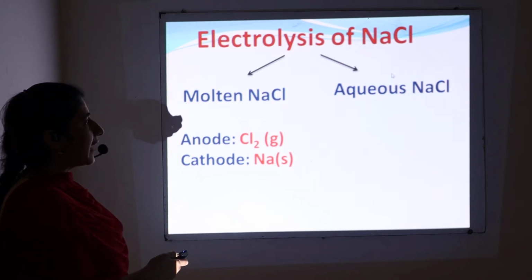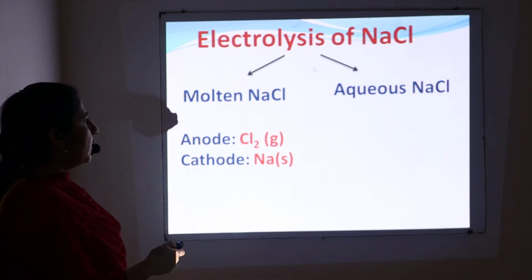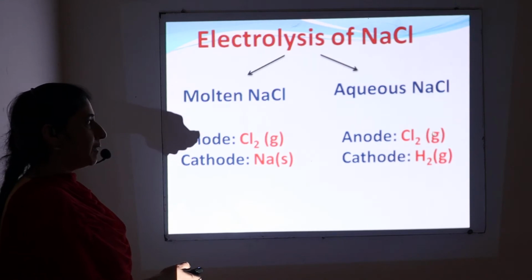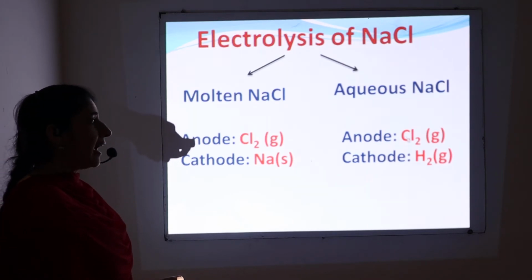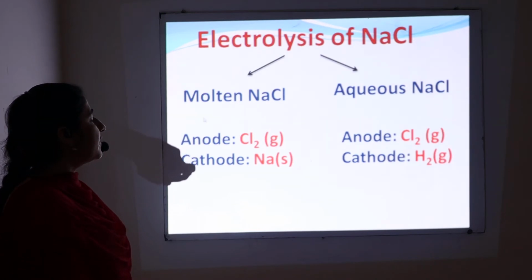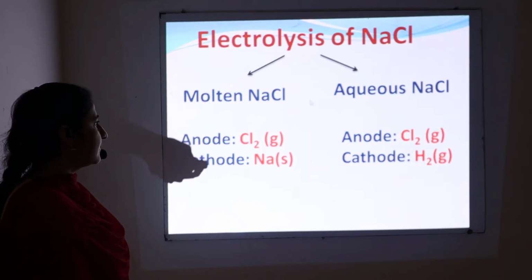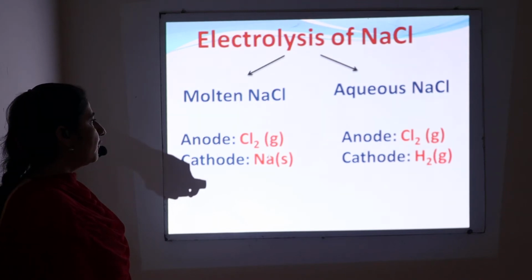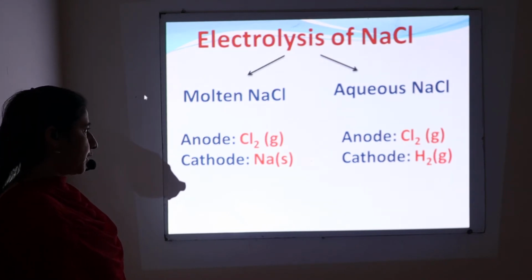In the case of aqueous sodium chloride, chlorine gas is produced at anode, whereas hydrogen gas is produced at cathode. So the main difference between these two electrolysis is the difference of product at the cathode.